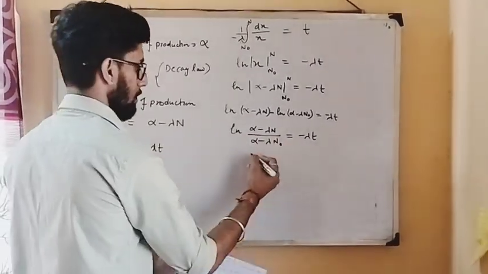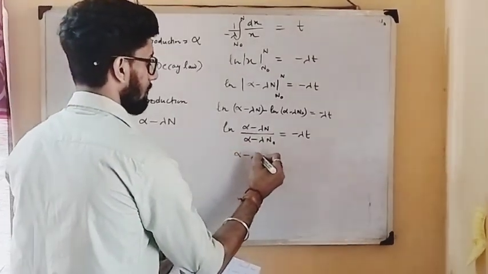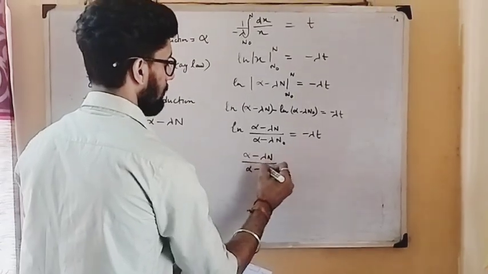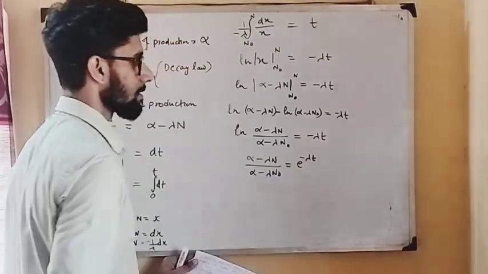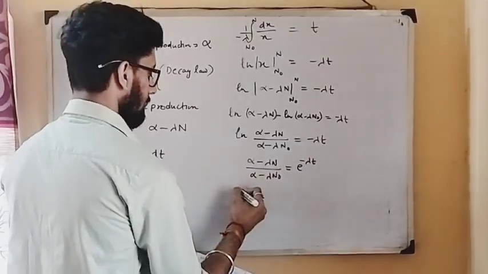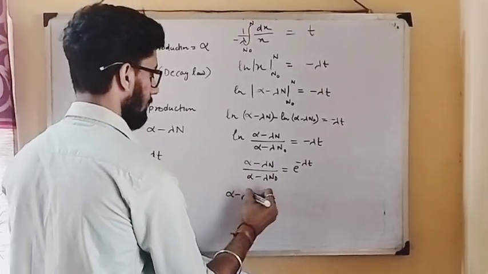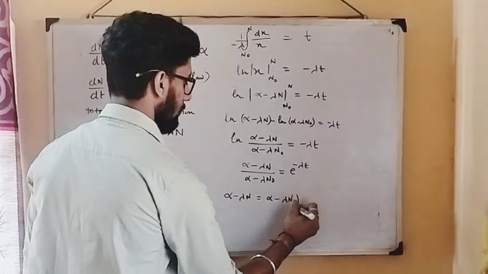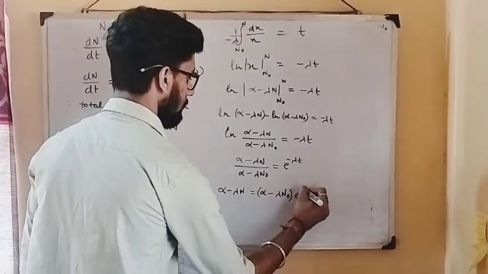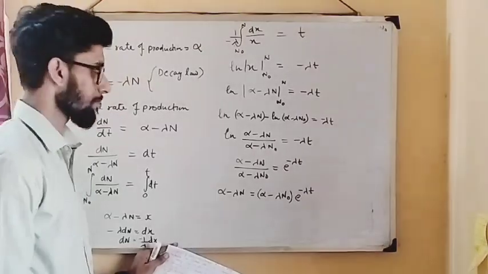So alpha minus lambda n upon alpha minus lambda n naught is equal to e raised to power minus lambda t. And again, alpha minus lambda n is equal to alpha minus lambda n naught into e raised to power minus lambda t.